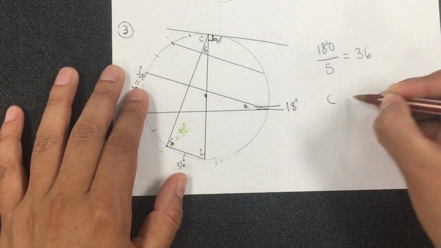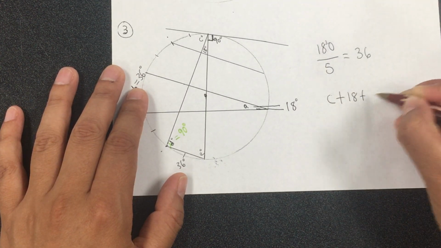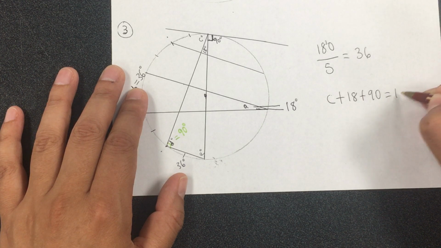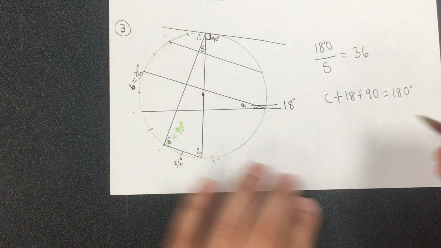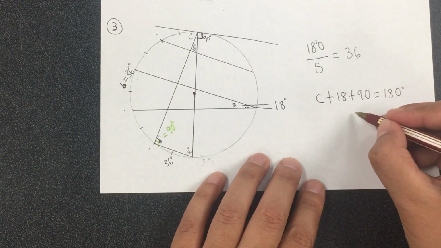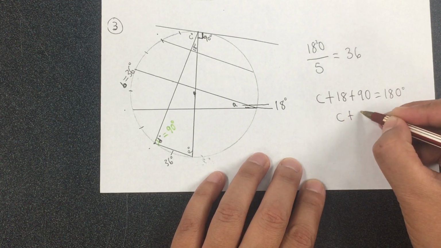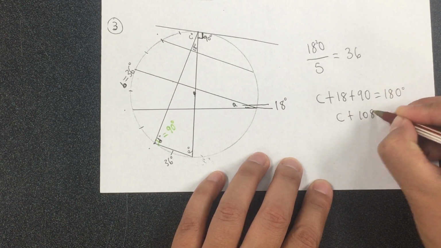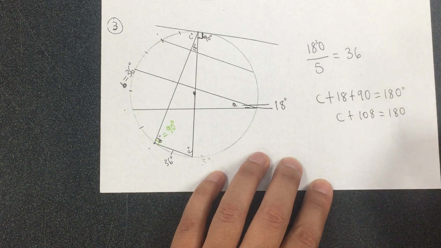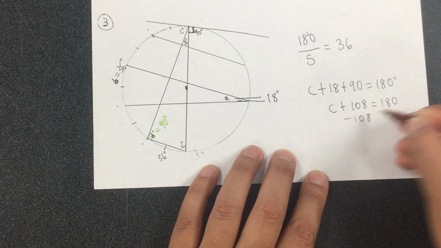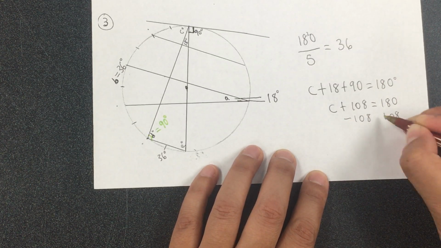So let me do C plus 18 plus 90 equals 180. I add this together, and that's C plus 108 equals 180. Subtract 108 from both sides.